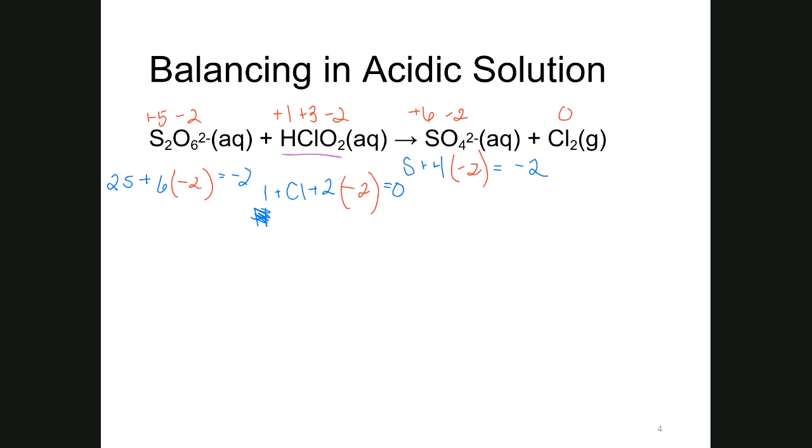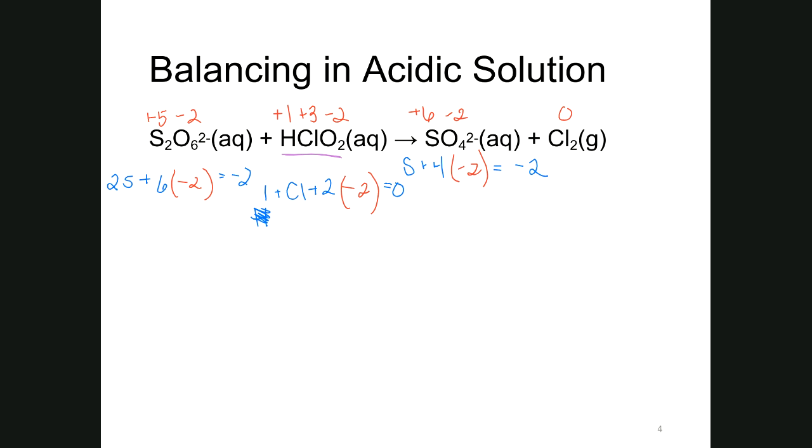Now that we have everything with its proper oxidation numbers, we need to determine what's being oxidized and what's being reduced. And then from there, we can write our half reactions. So take a look at these numbers on the top in red, and let's determine what's being reduced and what's being oxidized.